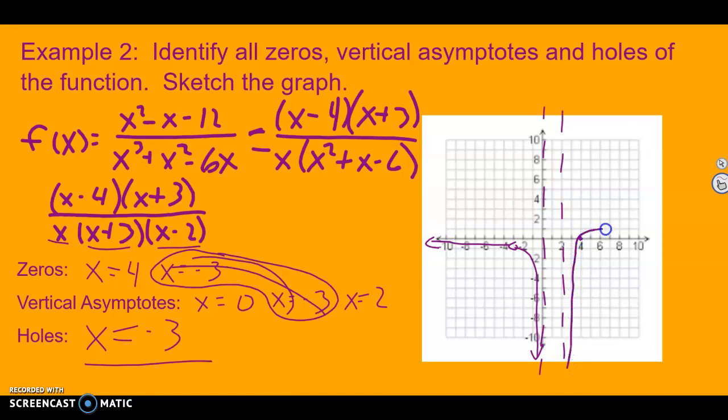We have a point of discontinuity at that one point. Ooh, that was not my best one. It's actually supposed to stay closer to 0, but we're sketching the graph the best we can with our critical information. And then finally, we said we had kind of a parabola here in the middle, and so it looked kind of like that, where we are approaching the asymptote, approaching, but never touching.